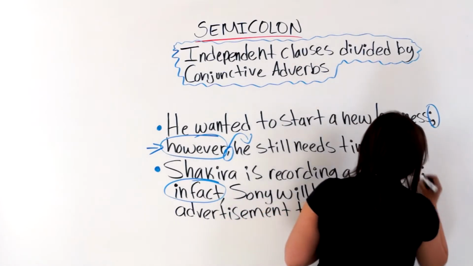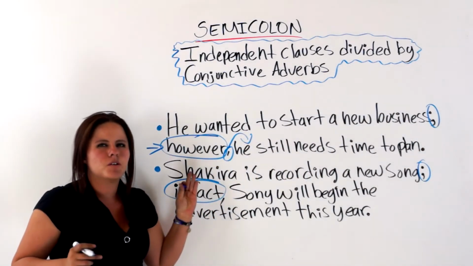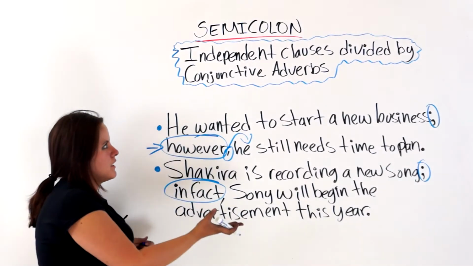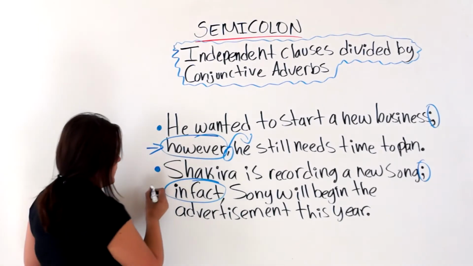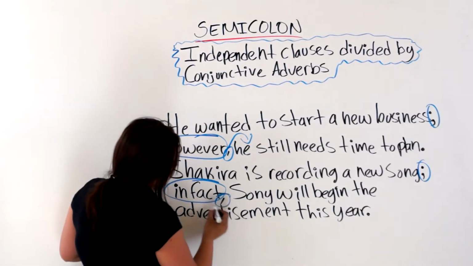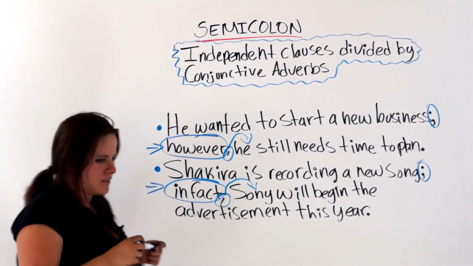The next one says, Shakira is recording a new song. And then we have a semicolon. This is our first principal or independent clause. And then we have it followed by a semicolon, followed by a conjunctive adverb, followed by a comma, which is introducing the next independent clause.